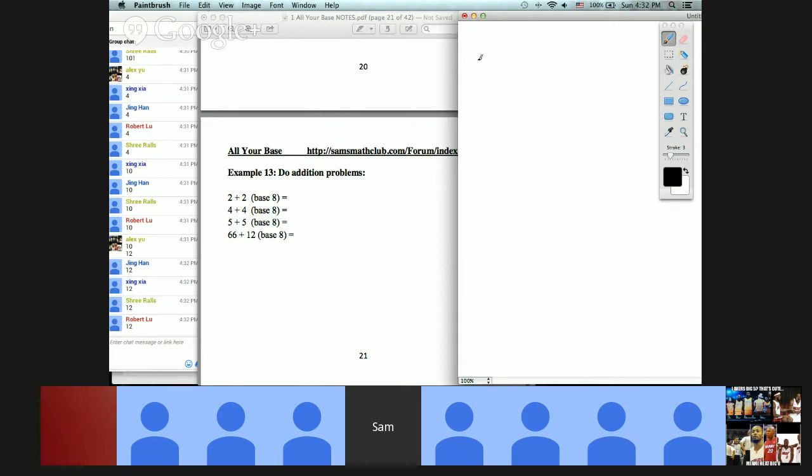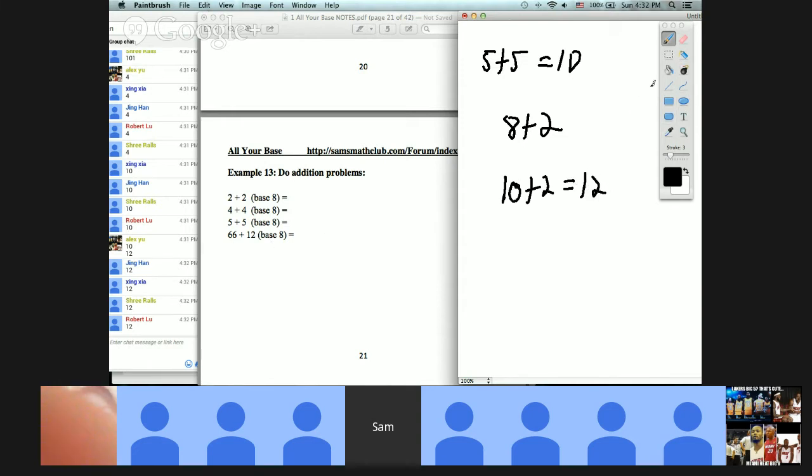Again, I'll explain it real quick. 5 plus 5, if you don't mind anything, equals 10, because we all know addition. And in base 8, you can't have anything higher than a 7, and 10 is higher than 7, so you can't just write it down. So 10 is also equal to 8 plus 2. And then this 8 becomes 10, so 10 plus 2 equals 12. And that's what most of you down here got.